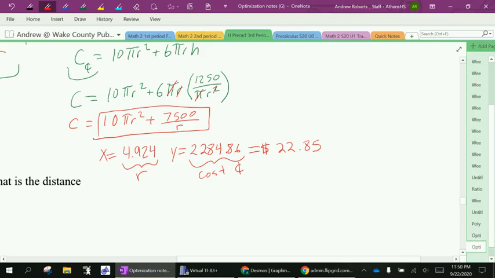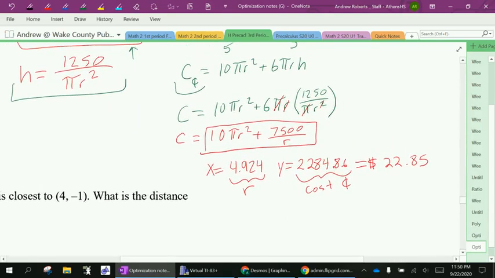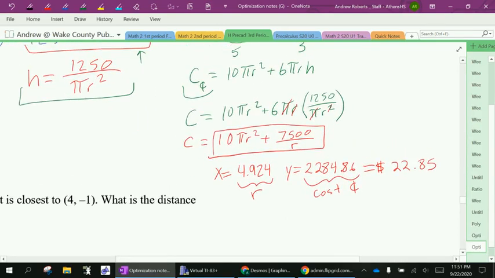And then if I want to find my height, I can go back over here and just plug in my radius. 1,250 divided by pi times 4.924 squared gives me 16.41.